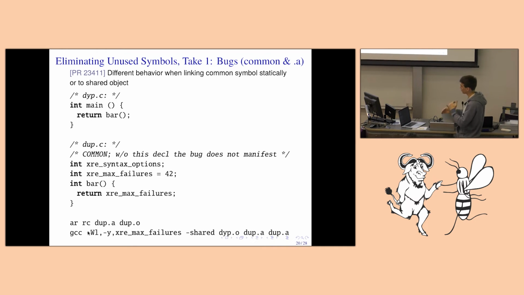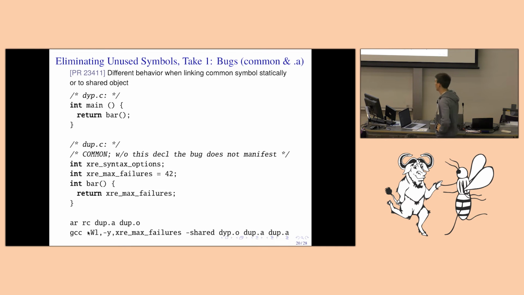They don't distinguish between common and regular definition. So what the linker does, it shows the file to the plugin twice, and in the end, we end up with a multiple definition of the other variable that's in the file, the xremax failures, something like that.